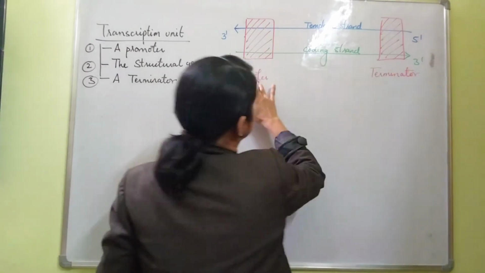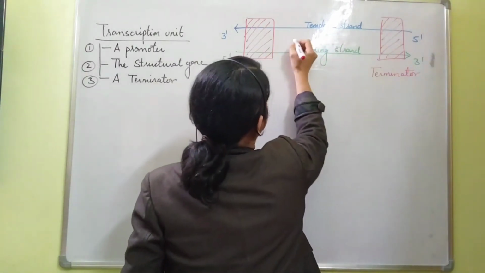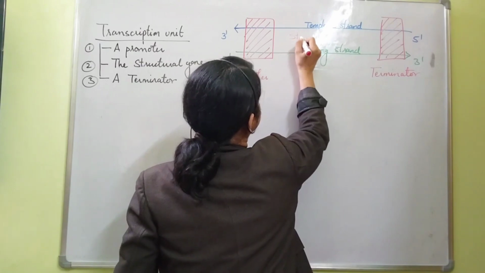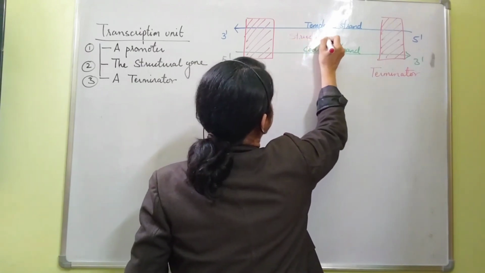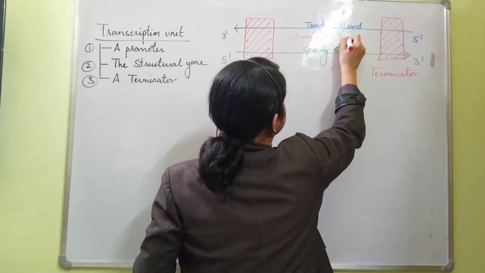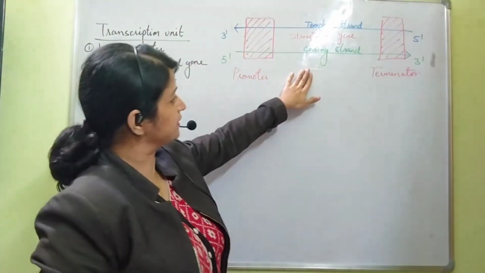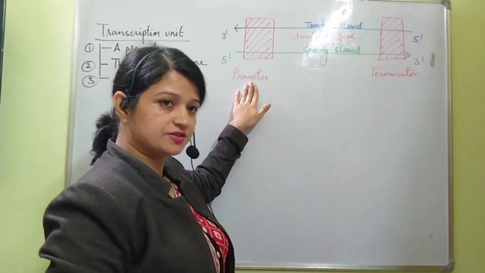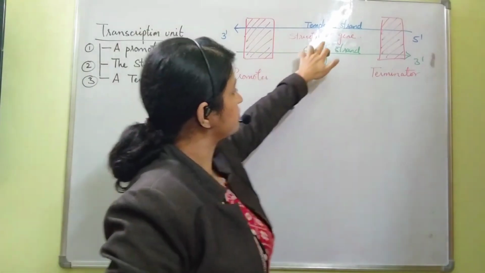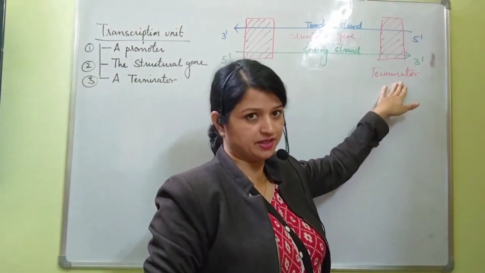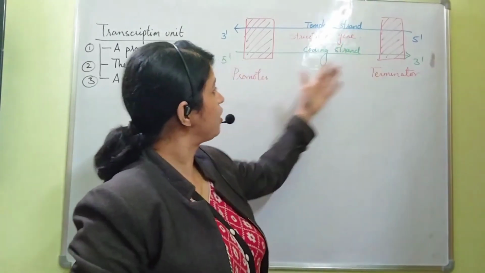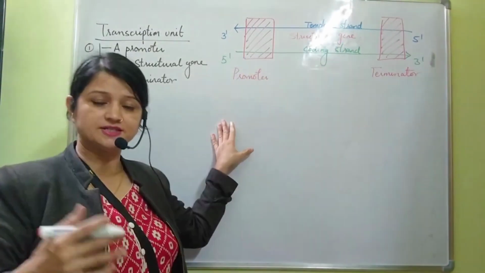In between the promoter and terminator is present the structural gene. As we discussed, a transcription unit contains three parts or regions: promoter, structural gene and the terminator. Now we will discuss all these three sites in detail.